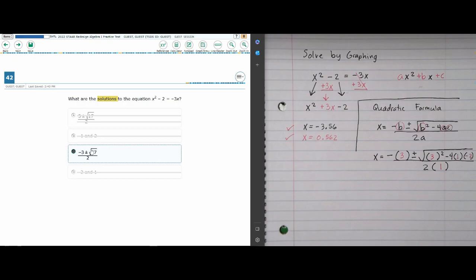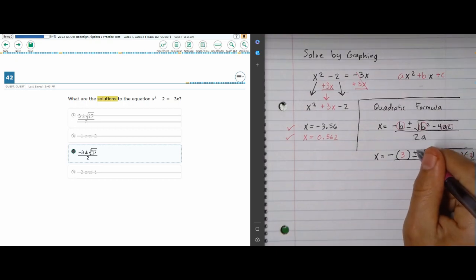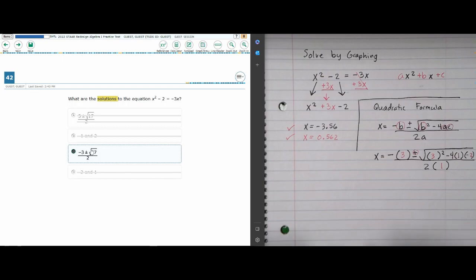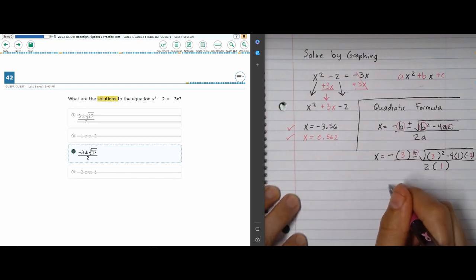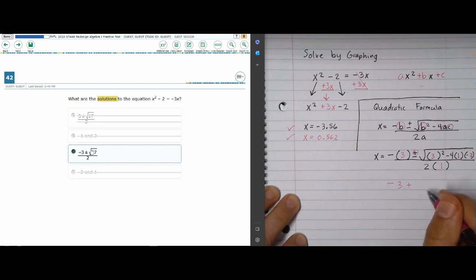Right, and if I were doing this by hand, let's say that I decided to do the positive first, I would end up having negative 3 plus the square root of, and I'd have 3 squared, which is going to be 9, minus 4 times 1, so that'd be negative 4, times negative 2, that would turn into a positive 8.